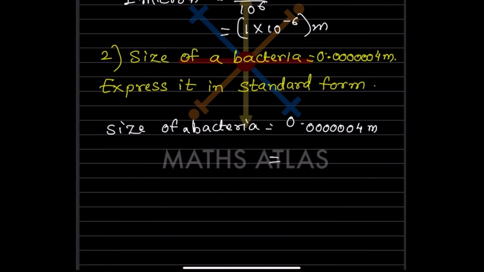So let us write this as 4 divided by 1, 2, 3, 4, 5, 6, 7. So divided by 10 to the 7, that will be in meter.